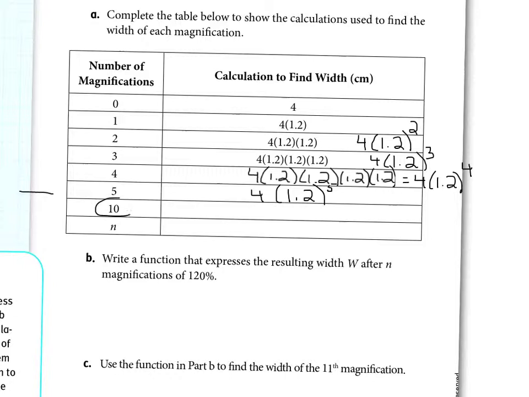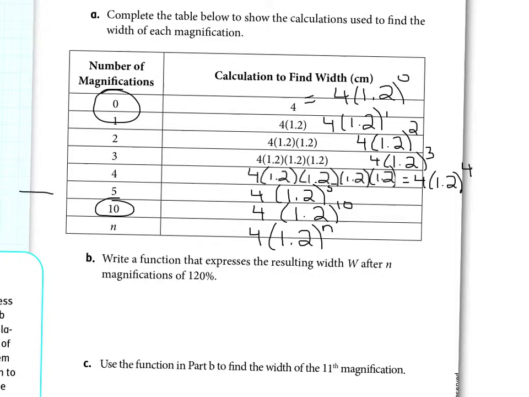So if I wanted to go all the way to 10, that'd be 4 times 1.2 to the 10th. So the rule would be 4 times 1.2 to the nth power. And let's see if that works even on the 0 and 1. 4 times 1.2 to the first power. This would be 4 times 1.2 to the 0 power.